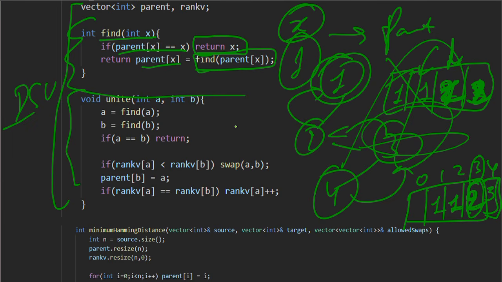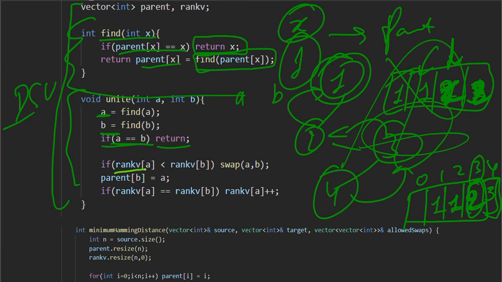The next function is to unite two different numbers a and b. First of all we find the parent of a, then we find the parent of b. If both have the same parent, that means they are in the same component, so no need to unite them. But if they are in different components, then we check which one has a higher rank.